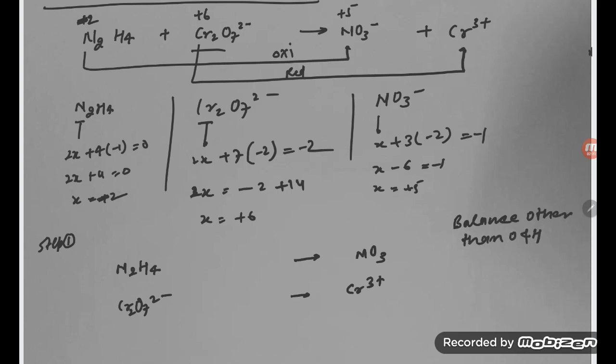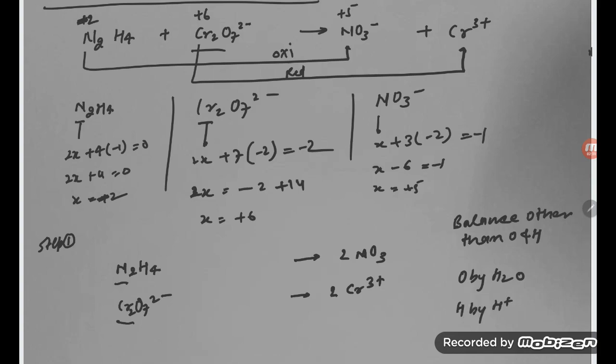So other than oxygen and hydrogen, this is nitrogen, 2 are here, here is only 1, so I multiply by 2. Chromium, this side 2 and this is 1, so multiply by 2. Now next step, oxygen by what do we do? H2O, and hydrogen by H plus.